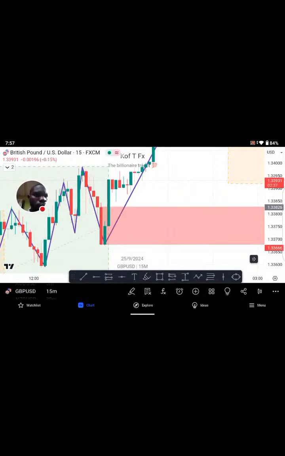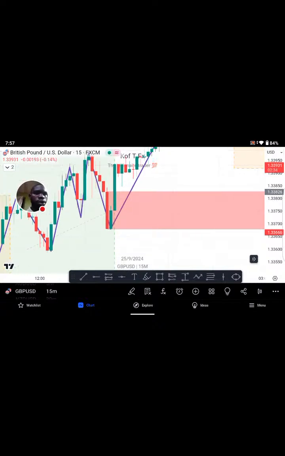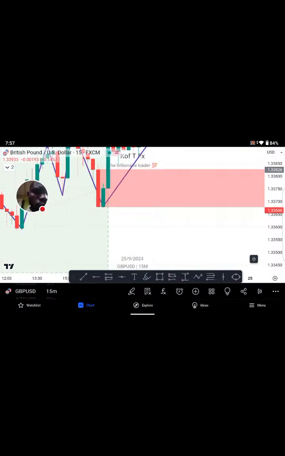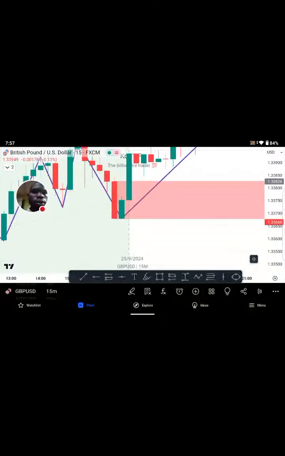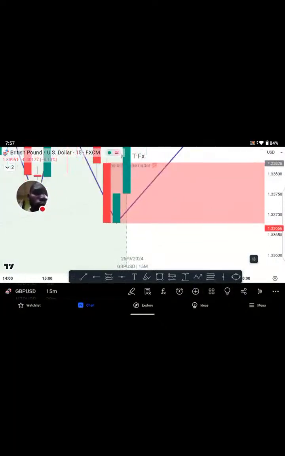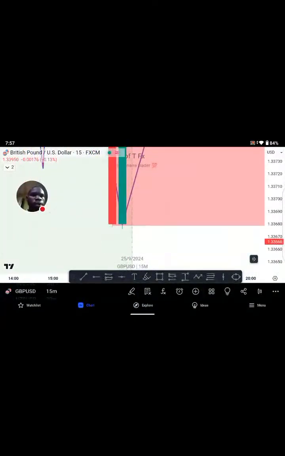I want to see the block that I'm going to use here, instead of using the whole other block. So right now I'm going to use the green candle. That will be my entry.